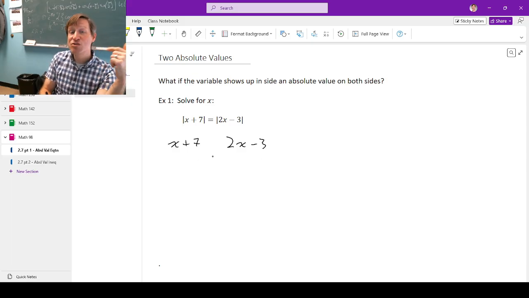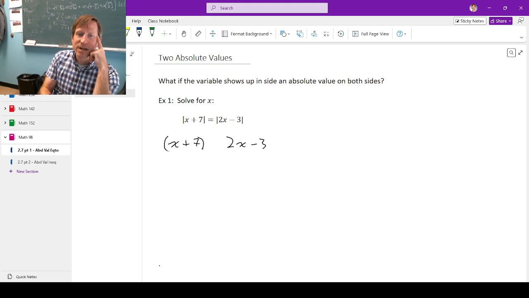And remember, there are two ways for the absolute values of these things to be equal to each other. These two things are either equal or they're negatives of each other. So we need a plus or minus again. So our equation of absolute values turns into the equation x plus 7 equals plus or minus (2x minus 3). Now notice I've put parentheses around this right-hand side, 2x minus 3, before I put the plus or minus in front.